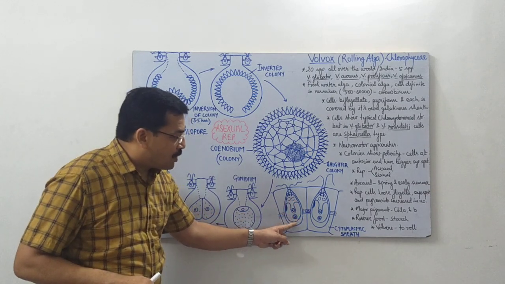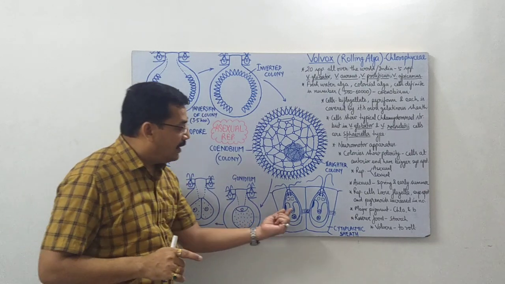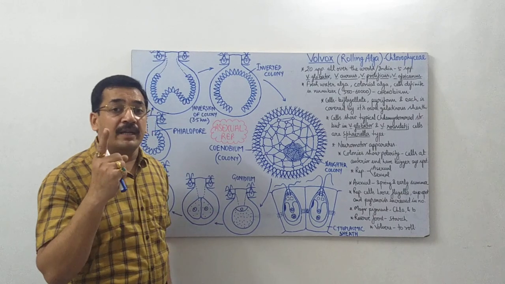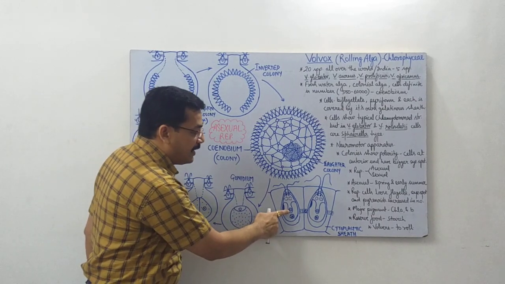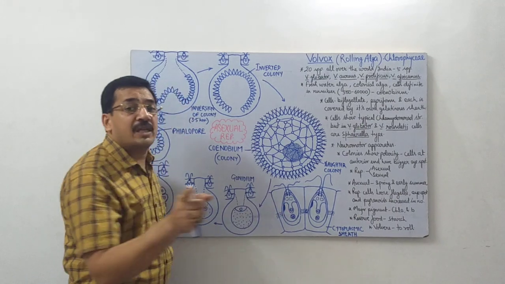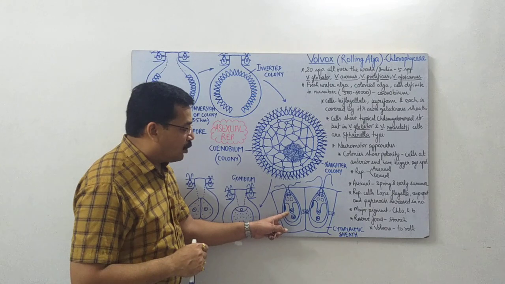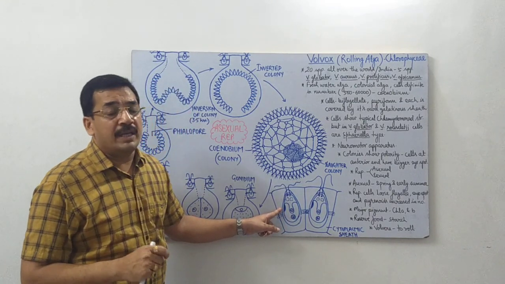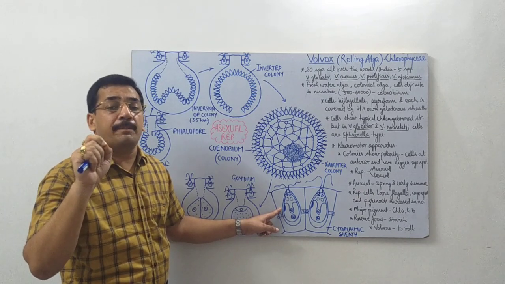The major portion of the cell is occupied by a large cup-shaped chloroplast, and the single nucleus of the cell is present in the cavity of this cup-shaped chloroplast. Moreover, this chloroplast consists of a single eye spot, and this eye spot is the photoreceptive organ.